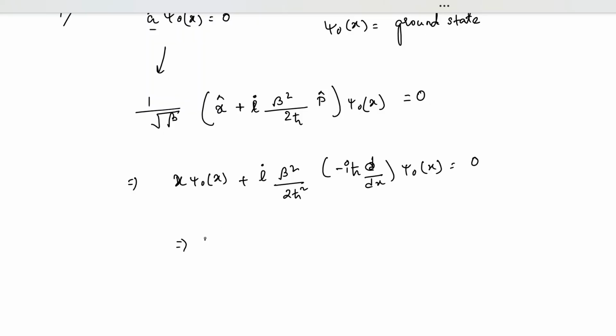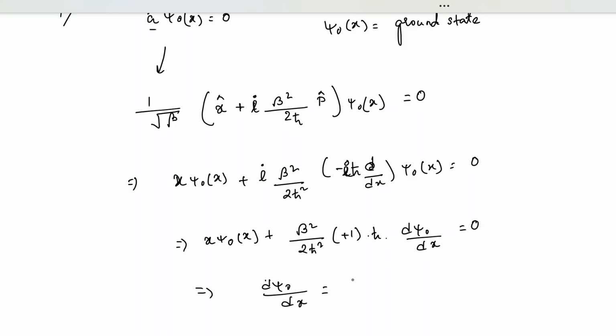Now you take this relation x psi naught x plus beta squared by 2h cut. Now this i and this minus i give minus i squared, and i squared is minus 1, so minus i squared is plus 1, times h cut into d psi naught by dx equal to 0. So you are getting d psi naught by dx equal to minus beta squared by 2h cut x psi naught x.